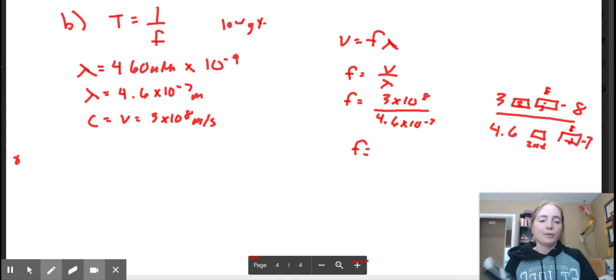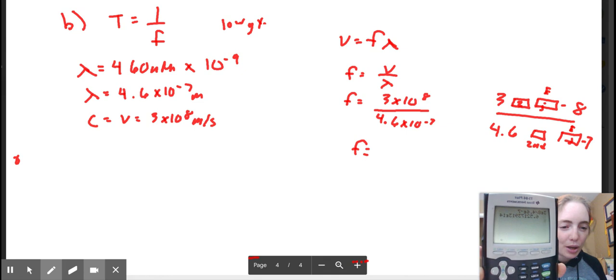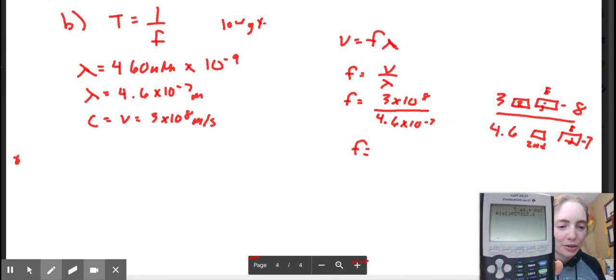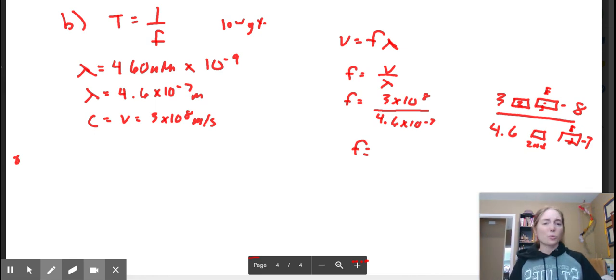So we're going to take our 3 second E8 divided by 4.6 second E -7. This also gives me the opportunity to show you guys what it should look like when you're using those E's. I know it's backwards. I'm sorry, guys. I'm not quite sure how to get the camera to flip it so it's in proper orientation.